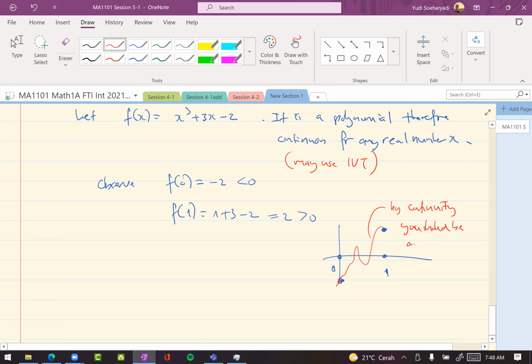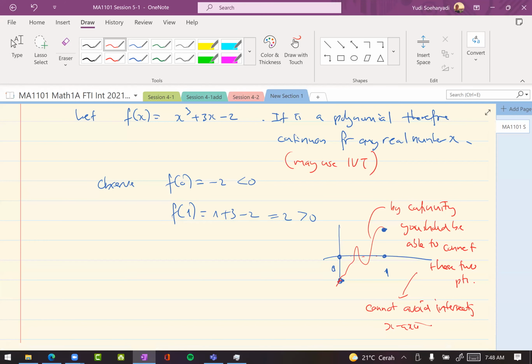But when you connect these 2 points, you cannot avoid intersecting the x-axis. That's the intersection. Okay, so that's basically what the IVT tells you.